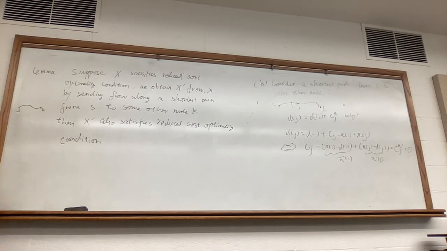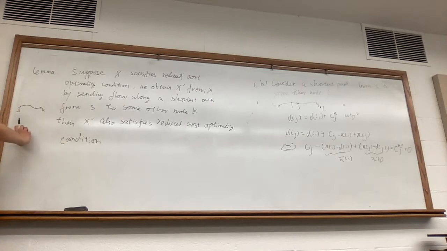And once the flow that you currently have satisfies the feasibility condition, that's to say, satisfies the balance constraints, and also satisfies the reduced cost optimality condition, then this is a feasible and also optimal solution. Then you are done, right? This is the ideology.